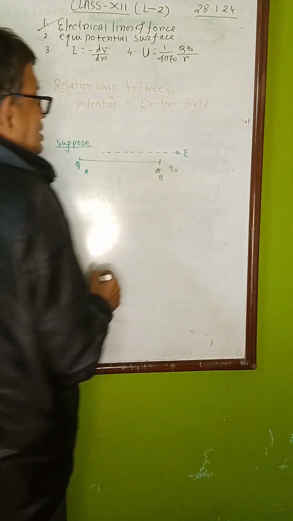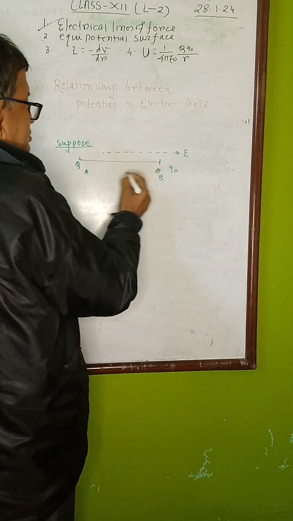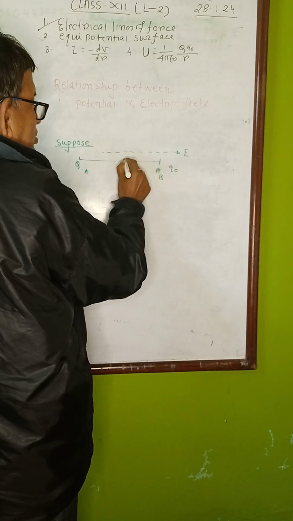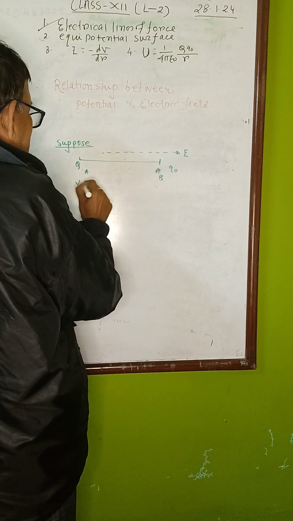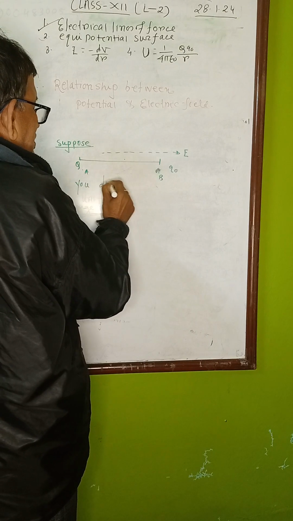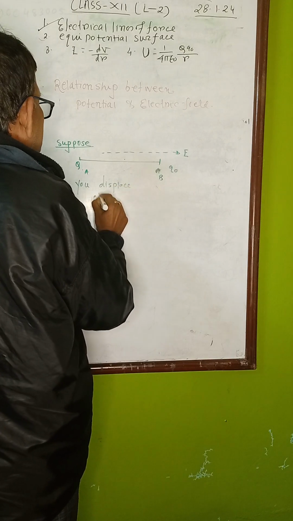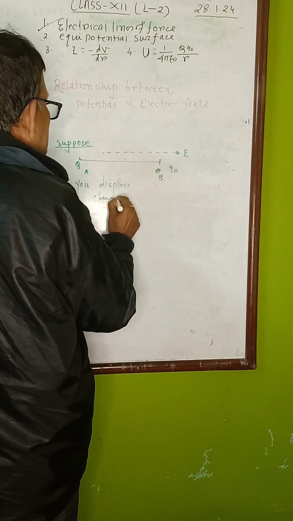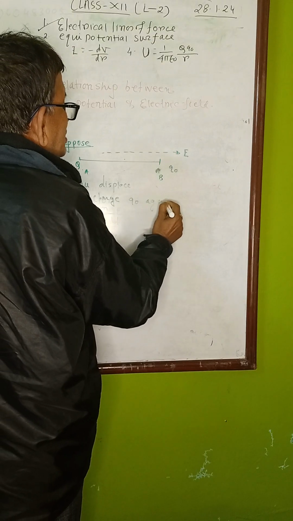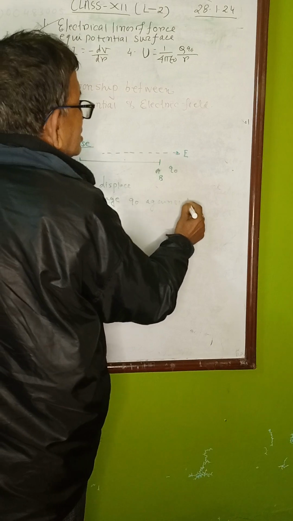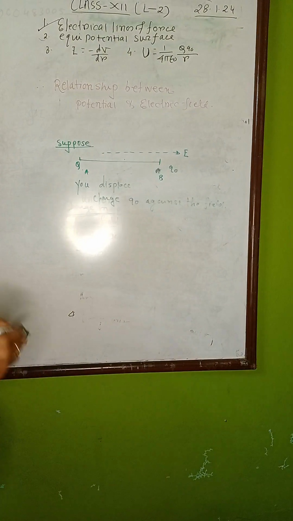Q0 is the charge along the direction of the electric field. Now you displace the charge Q0 against the field.